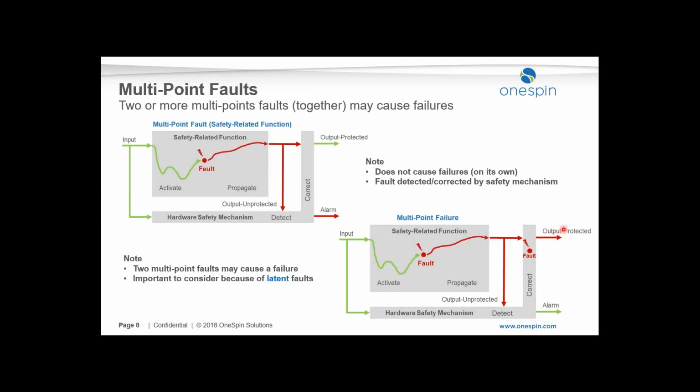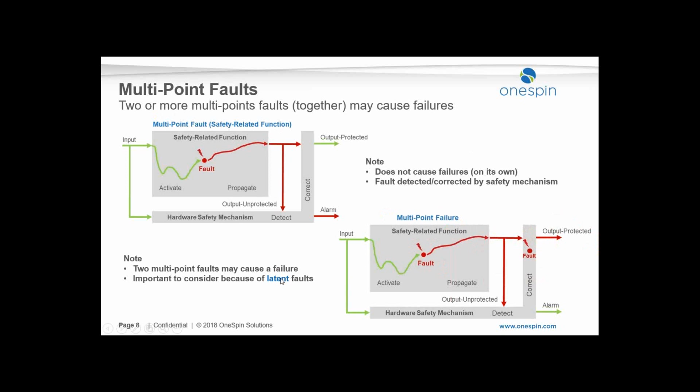The output is red, and so I get a failure, and this is called a multi-point failure. So the interesting thing here is that a multi-point fault doesn't cause a failure, but two multi-point faults together can cause a failure.